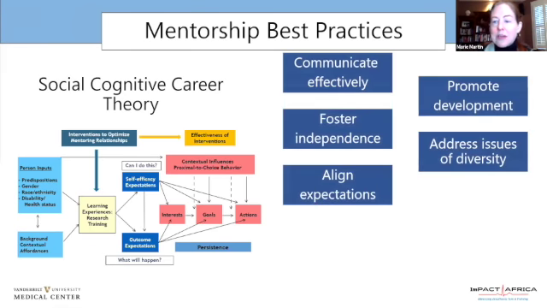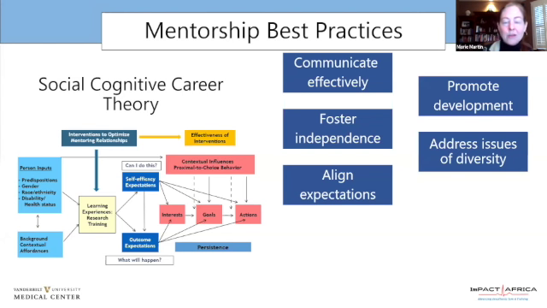Next. So we can utilize some of the literature in identifying best practices, recognizing that there is a lot of opportunity in this field to grow the literature, but from what we know anecdotally and what studies have shown us: communicating effectively, being clear about your expectations from the beginning, promoting the development of your mentees, so introducing them to networks, to conferences, to opportunities, fostering independence for them.